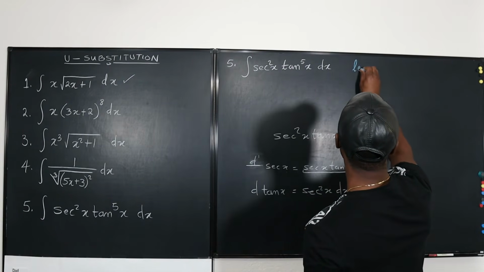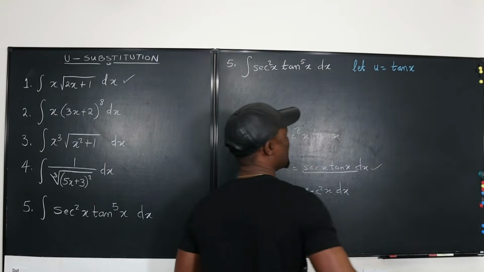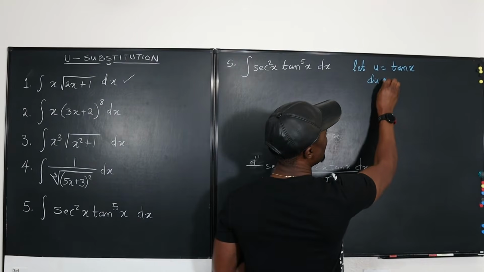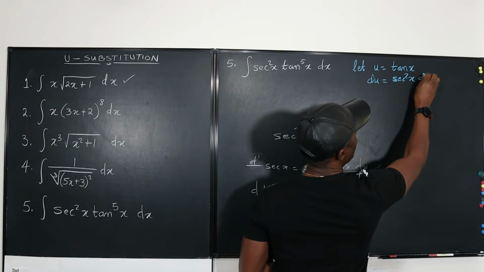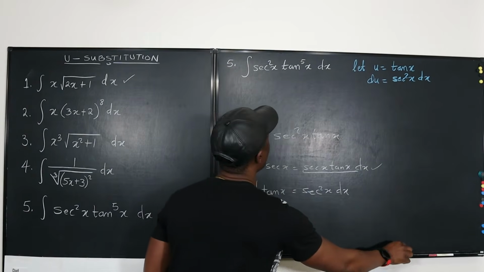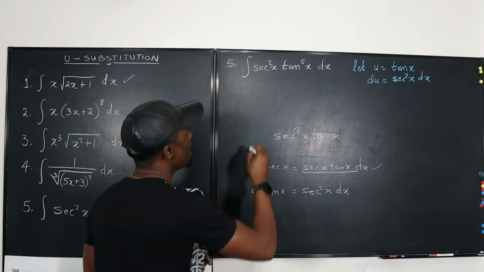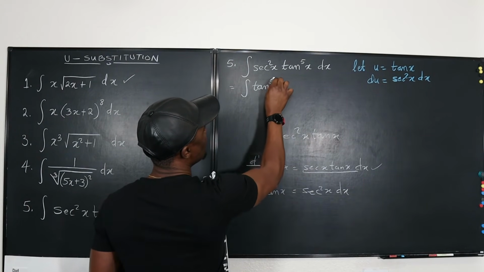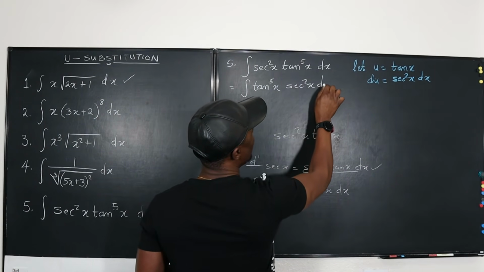Our choice will be let u be equal to tan of x. If u is equal to tan x, it means that du is equal to secant squared x dx, which I can generate here, secant squared x dx, okay? So I can rewrite this as tan to the fifth x secant squared x dx.